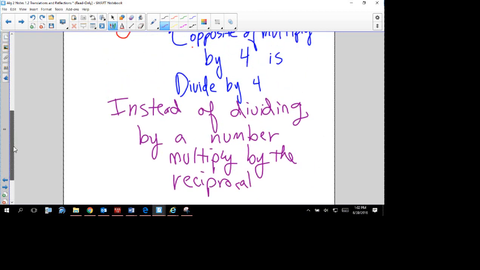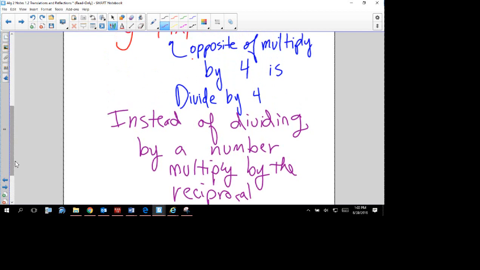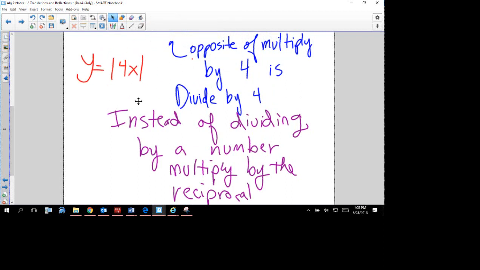So when I see this equation, y equals absolute value of 4x, I see that 4 in there. What I'm actually going to multiply by is 1/4, which makes this a horizontal shrink, because I'm multiplying by 1/4. That's going to get smaller. So horizontal shrink, if I were going to shrink your absolute value, what would that do to my arms?